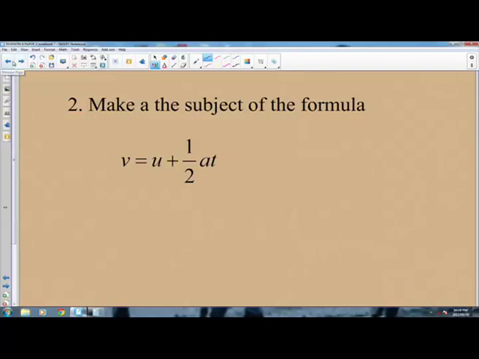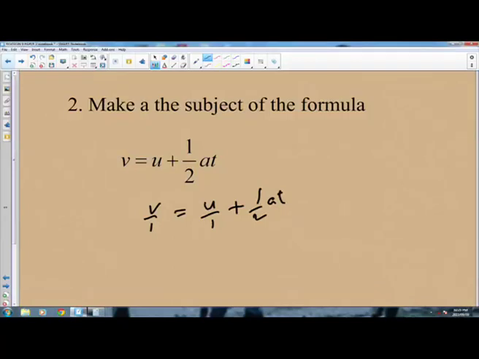Make A the subject of the formula. So you are given a formula here, and you are expected to make A the subject of the formula. Remember, this V is the same as V over 1, and it equals U over 1 plus 1 over 2 AT. To simplify this, we need to look for the lowest common multiple of 1, 1 and 2, and then multiply throughout by that LCM.